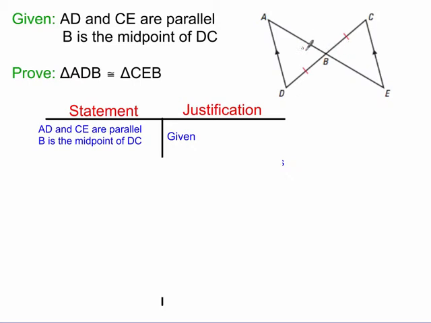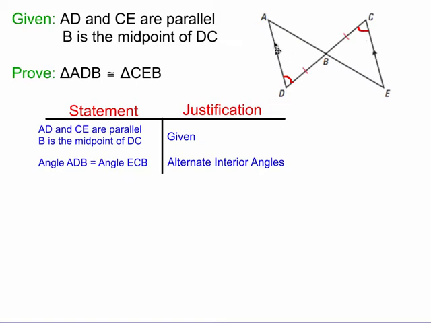Well, if these two lines are parallel, then we know something about these angles here. We can say that this angle, ADB, and this angle, ECB, are equal to each other by alternate interior angles. Remember, the alternate interior angle theorem says that when I have two parallel lines that are cut by a transversal, alternate interior angles are congruent to each other.